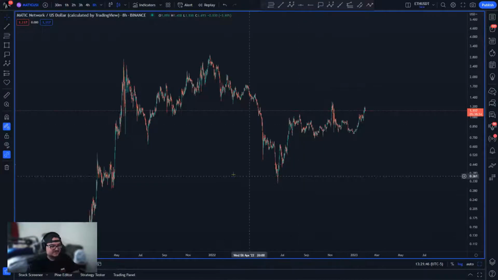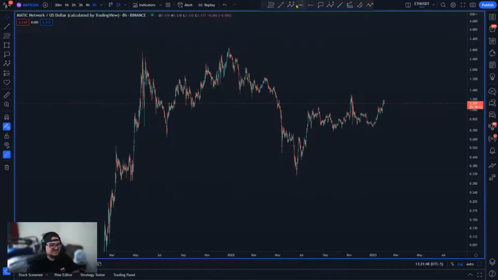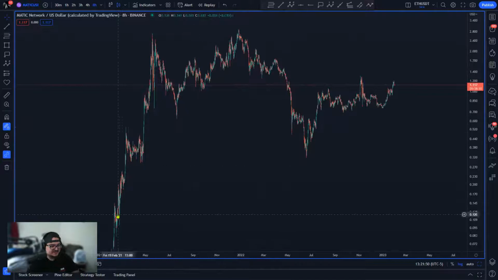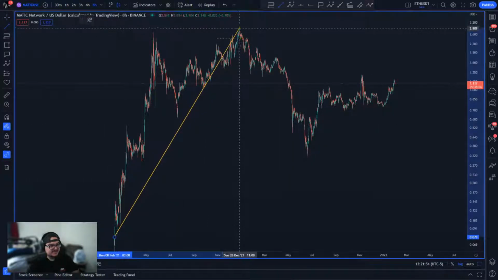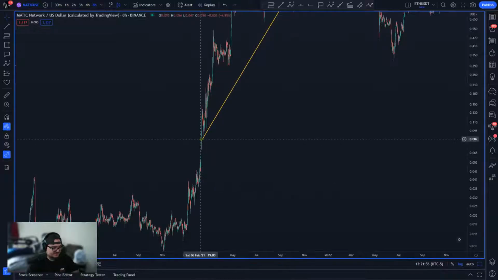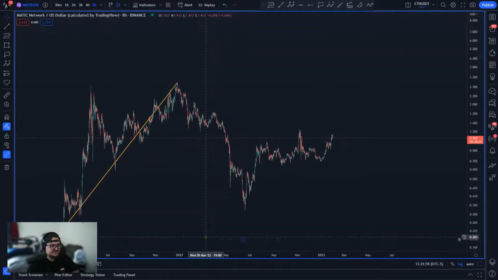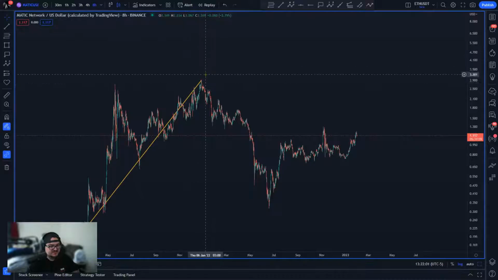Okay. So for Matic, we do have a larger ABC setup, which did complete this larger trend throughout the entirety of the bull market. I guess I'll pull it to the bottom just to show you guys an example. But since this is completed, I have to focus on what is going on past this peak.